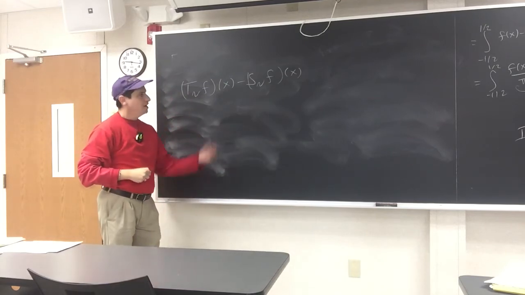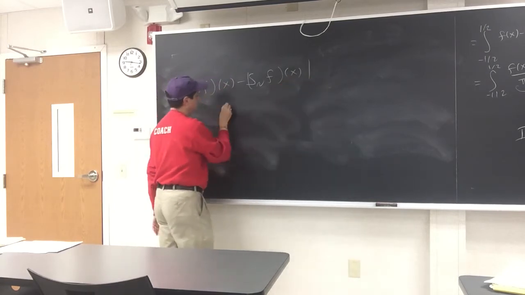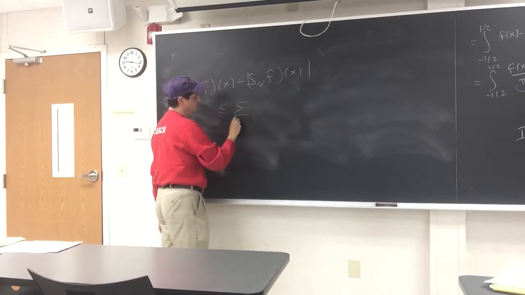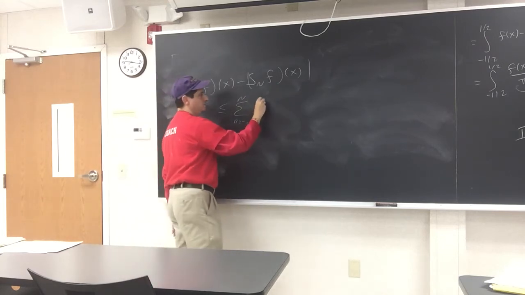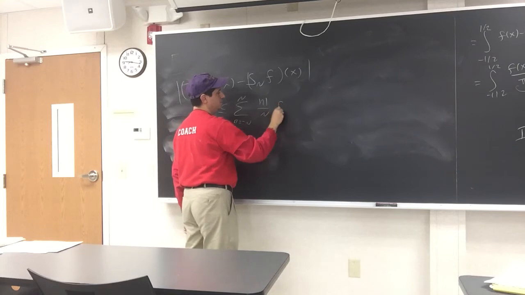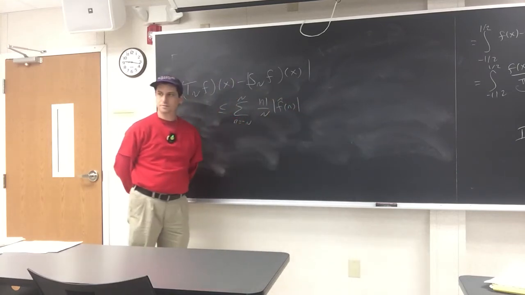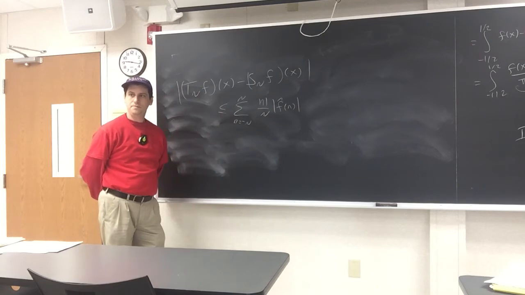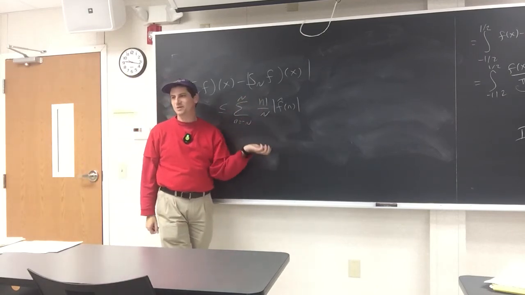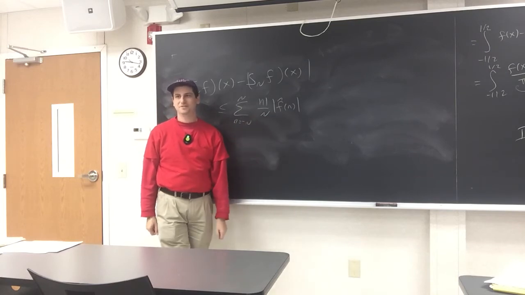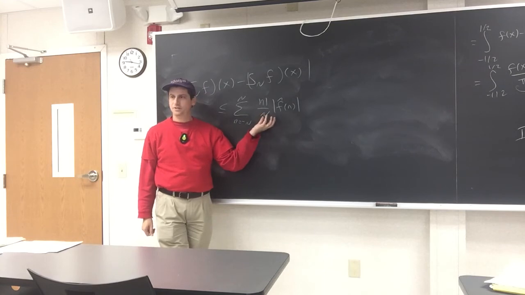Well, this is going to be less than or equal to the sum, n going from -N to N, of the absolute value of n over N times f hat of n, something like this. And again, maybe these are squares. I forget. I should really know better, but it doesn't matter. So we have a sum like this.